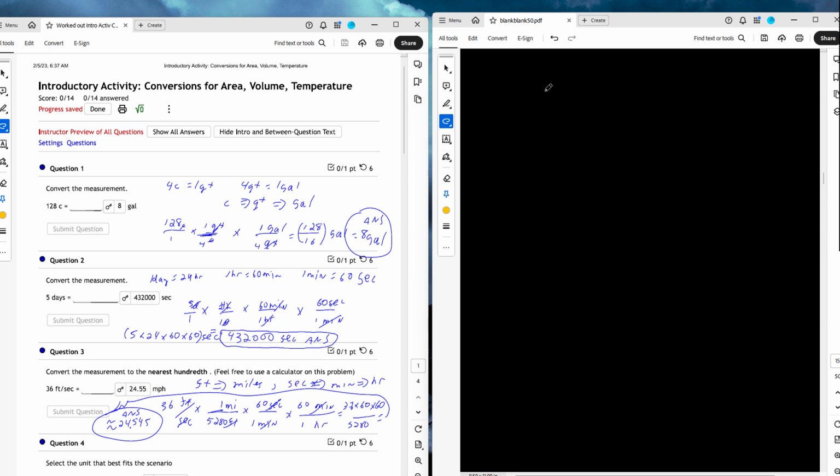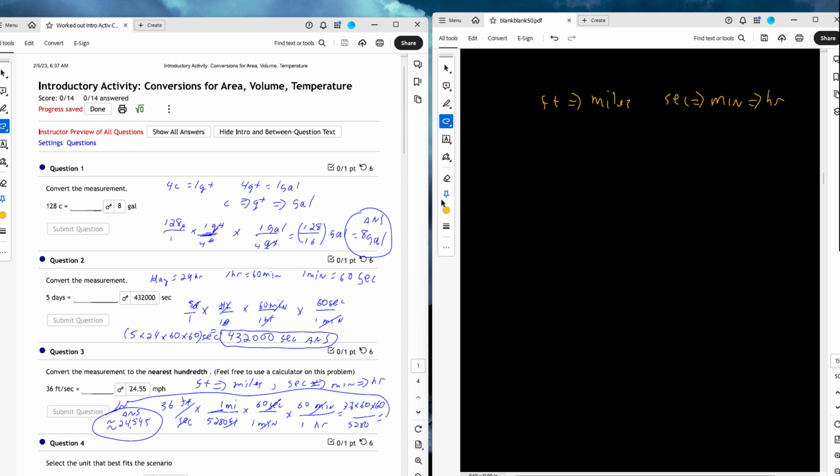So I have to convert feet into miles, and then the seconds into minutes, seconds into hours. So I have to go from seconds into minutes, and then convert minutes into hours.